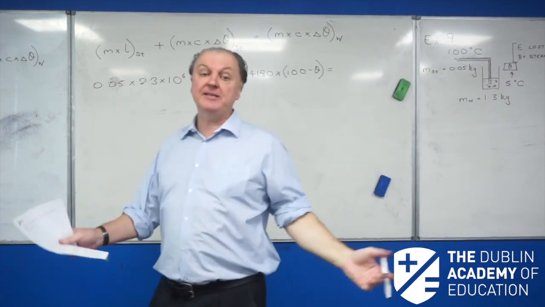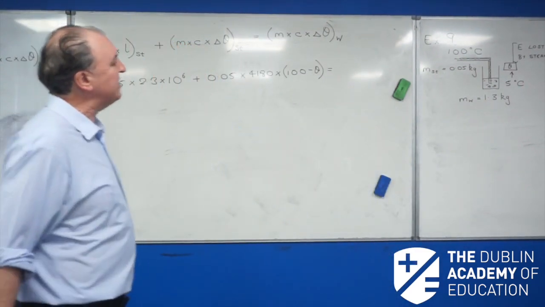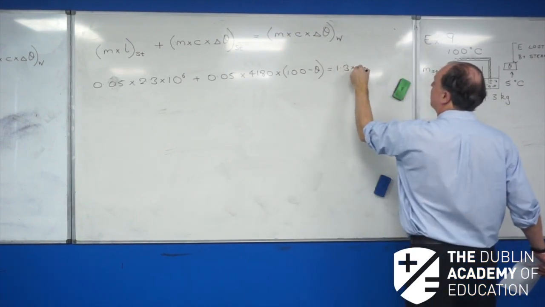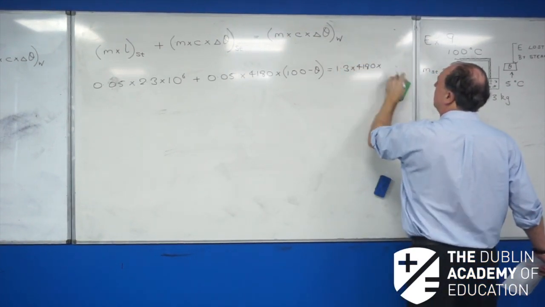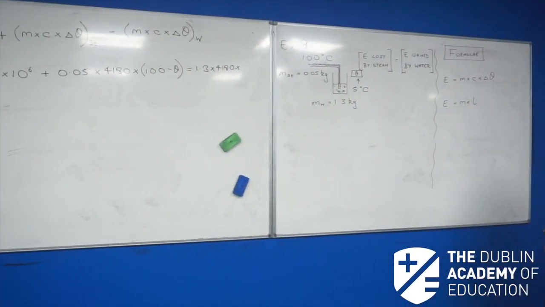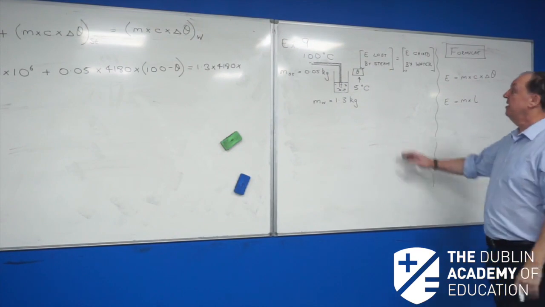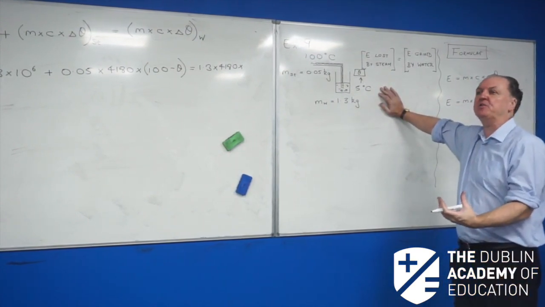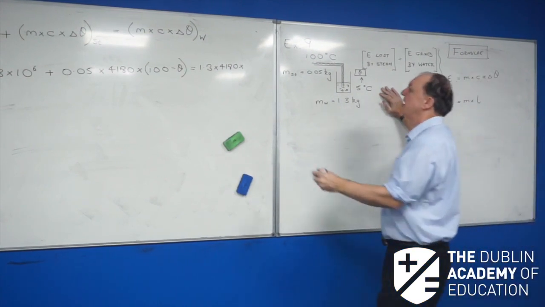And now the other side of the equation, the mass of the water, 1.3 by the SHC of water, 4180, by the change in temperature of the water. Keep it positive. It started at 5, it went up to theta. I keep that positive by saying that's theta minus 5.